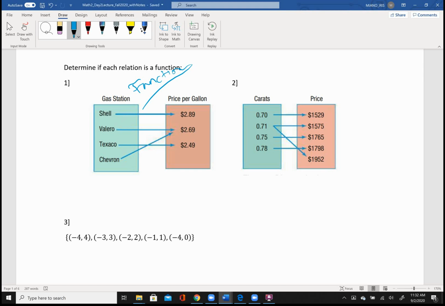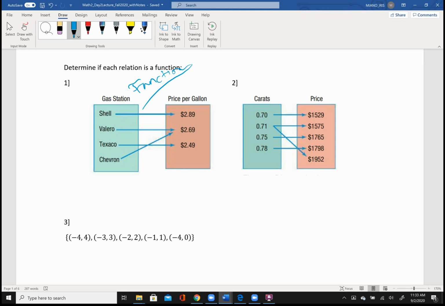Now, keeping that in mind, take a look at number 2 here. We have carats as the input values and price as the outputs. Notice the input value of 0.71. It appears that it is being mapped to two separate places in the outputs, and that's to say that depending on what diamond carats are associated with gradings for precious gems.